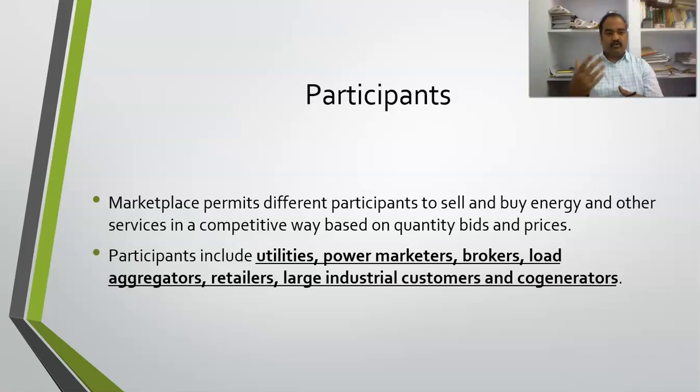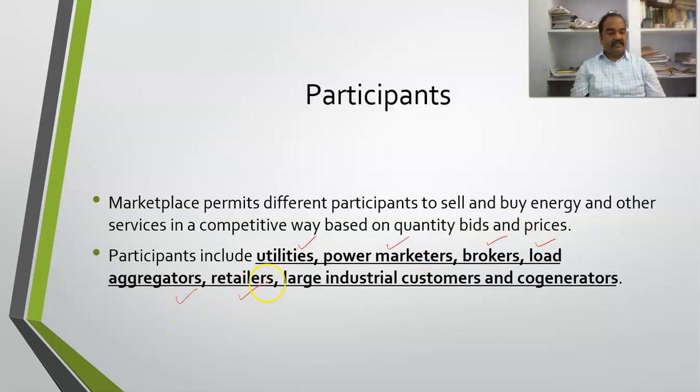The common terminology we use for the different players in these power markets or power exchanges are, the first thing is utilities. It can be a GENCO, a DISCO or a transco. So the power utilities who basically sell or buy the power. Then power marketers, brokers, load aggregators, retailers.